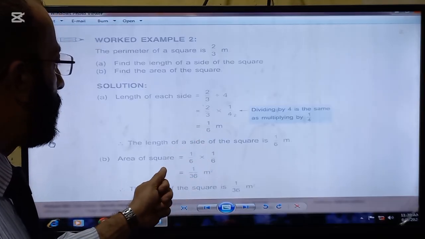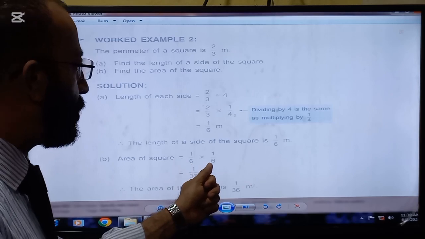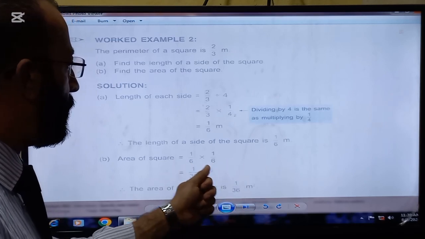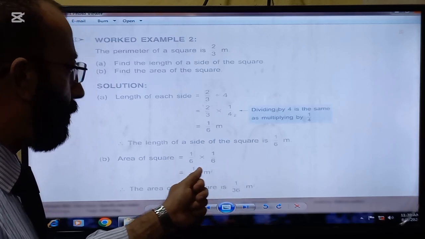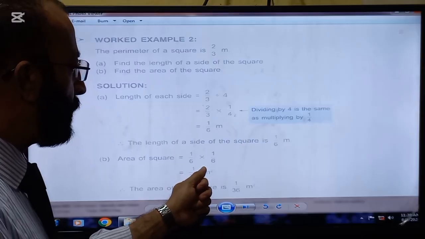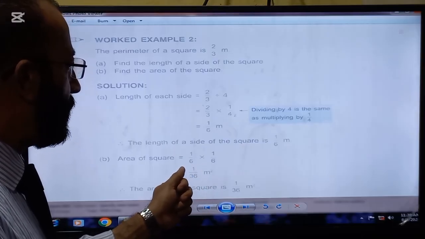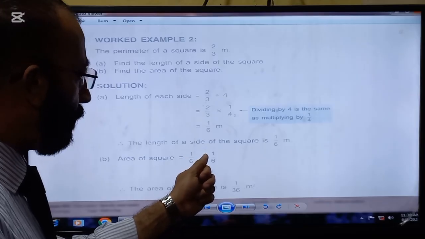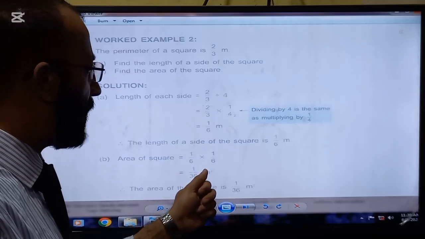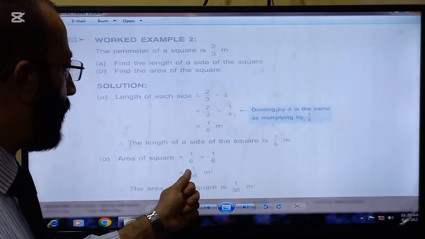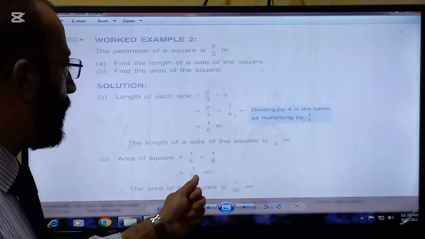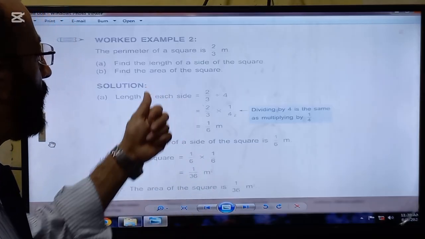The area of the square will be equal to L into L. So 1 by 6 into 1 by 6. Cancel the values as much as possible. So no cancellation is possible. So multiply the numerator with the numerator and denominator with the denominator. So 1 ones are 1 and 6 sixes are 36. So this is the area of the square.